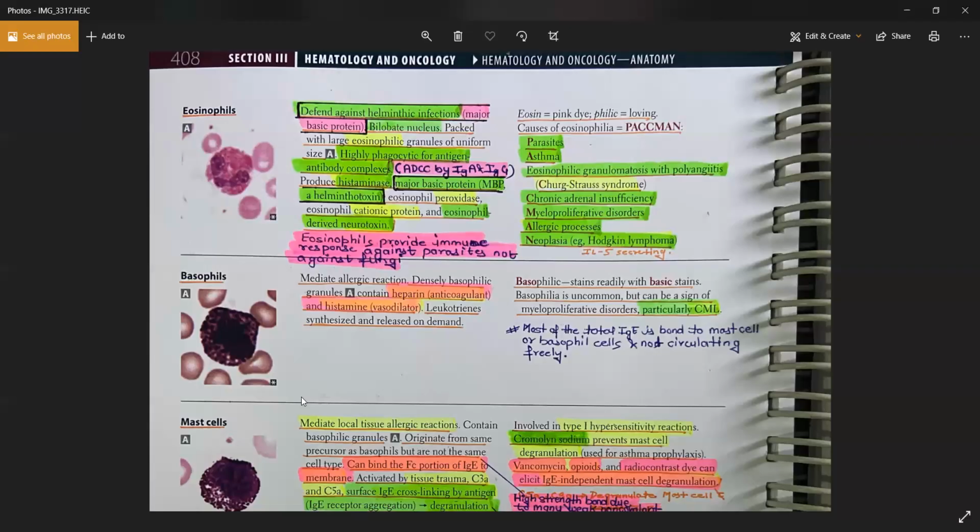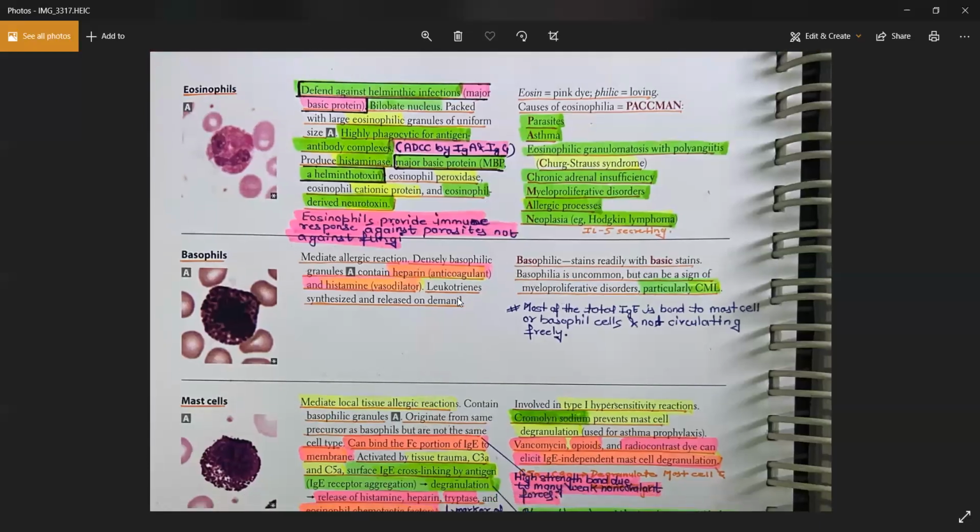In case of asthma, you will have IgE antibodies, which will sensitize the eosinophils also, and it will destroy the cells by antibody-dependent cell-mediated cytotoxicity. Same by the ADCC, they will destroy the tissues also. So the IgE does help eosinophils. Exactly.